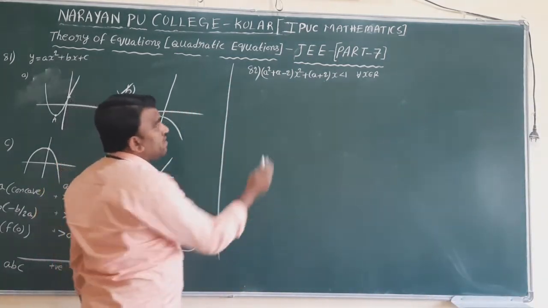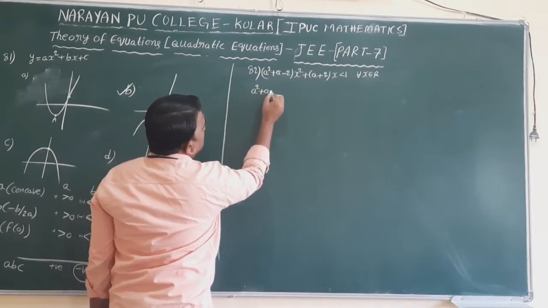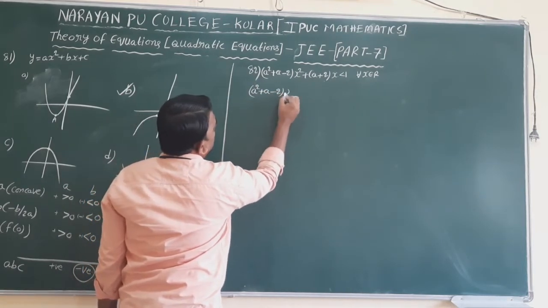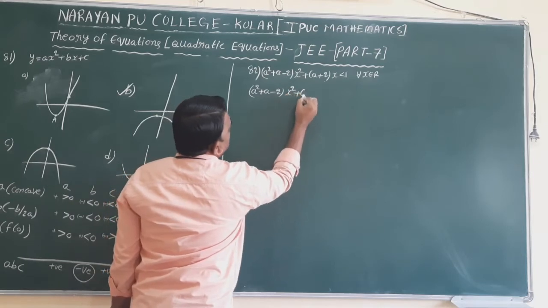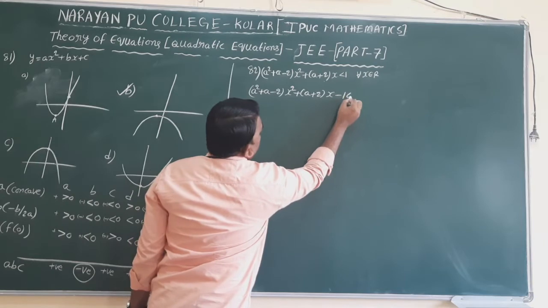So if you observe here, we can write (a² + a − 2)x² + (a + 2)x − 1 < 0.